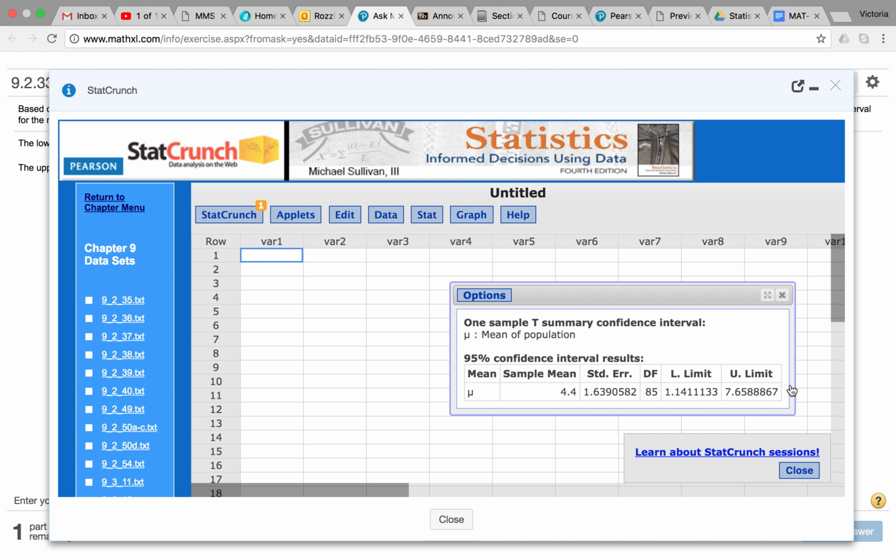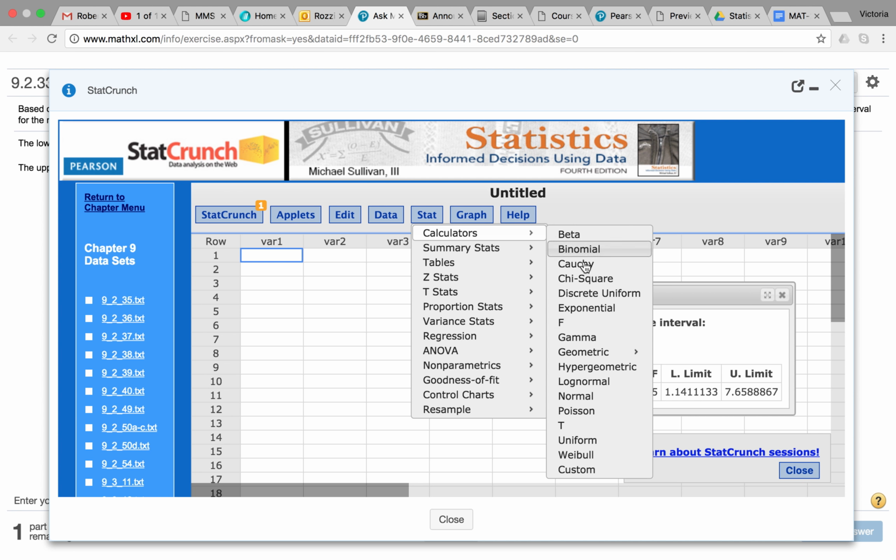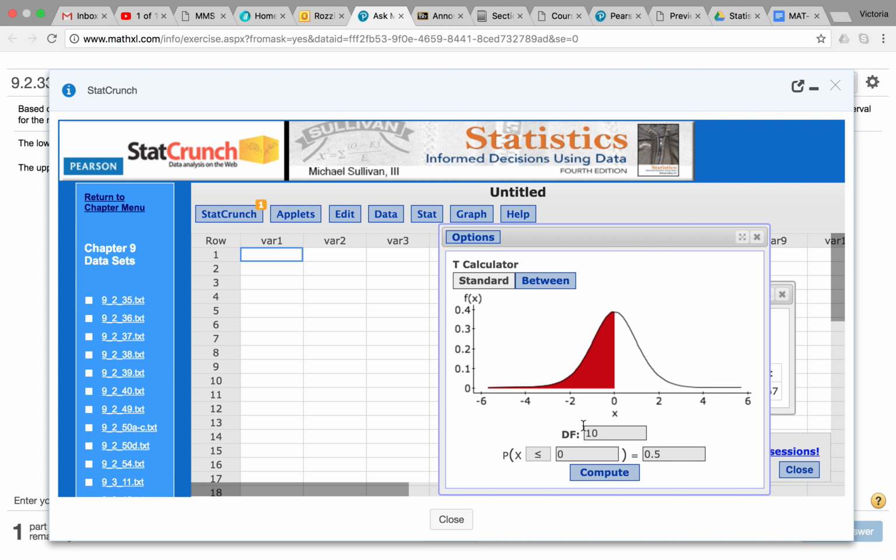Now, if you're looking to do this by hand, it can be really helpful to use StatCrunch to find your t-values. You can also do that in StatCrunch. If you go to Stat, and I go to Calculators, I can calculate my t-value here. Again, if I want to be 95% confident, that means I want 95% in the middle of two values, right?